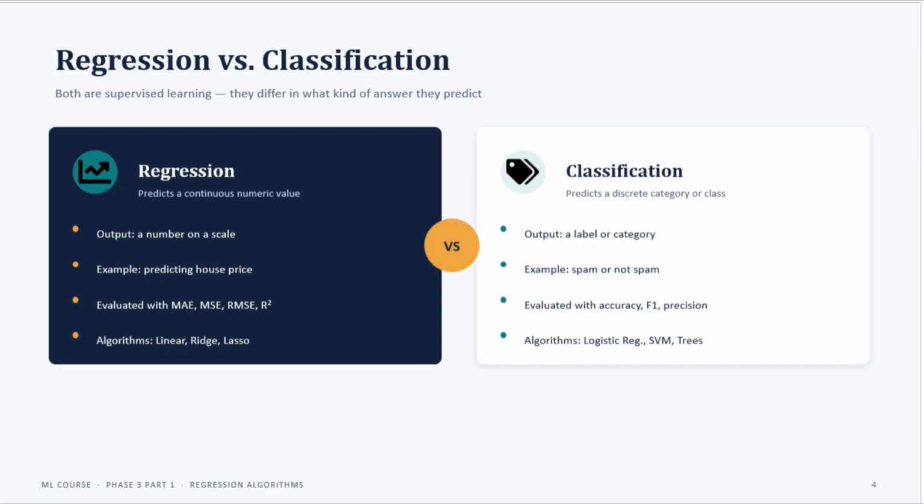Their evaluation metrics are also different. Regression models are commonly evaluated using MAE, MSE, RMSE, and R-squared score. Classification models use metrics like accuracy, precision, recall, and F1 score. So remember one simple rule. If the output is a number, use regression. If the output is a category, use classification.